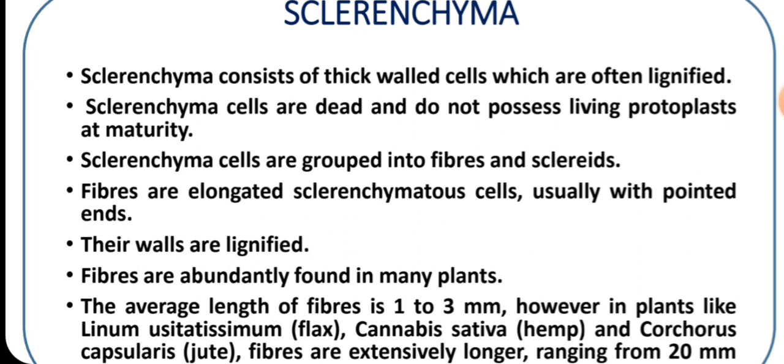Fibers are the longest plant cells. The longest fibers occur in Boehmeria, otherwise called ramie fiber. The length of that fiber is 55 centimeters. That is why it is the longest fiber.